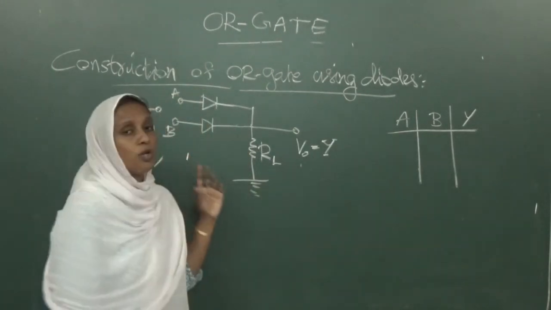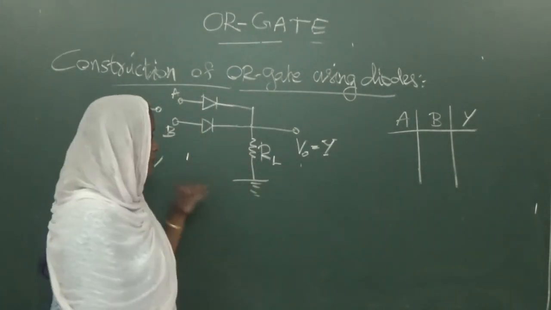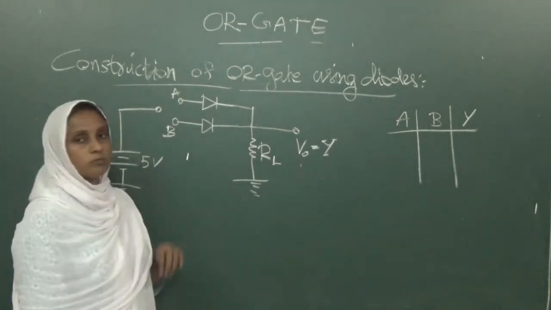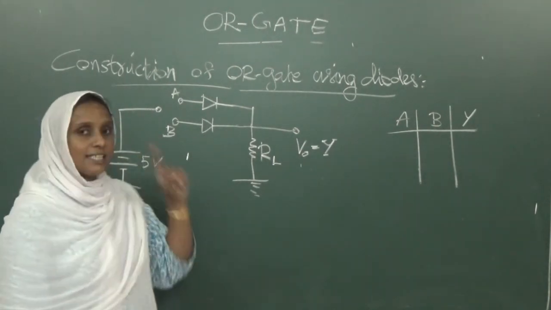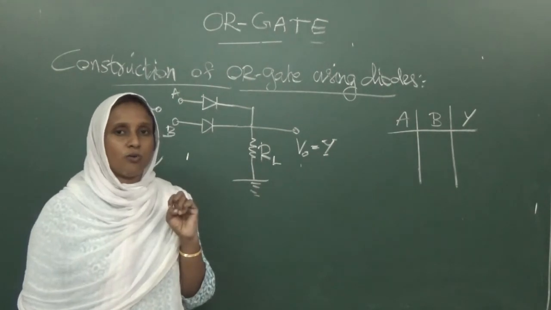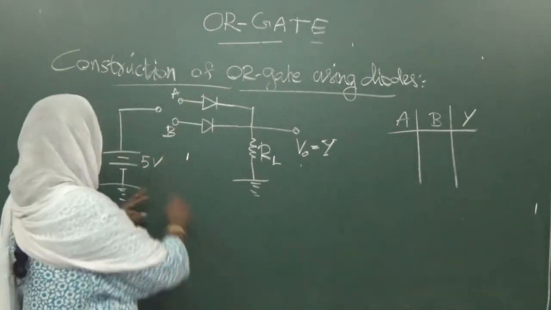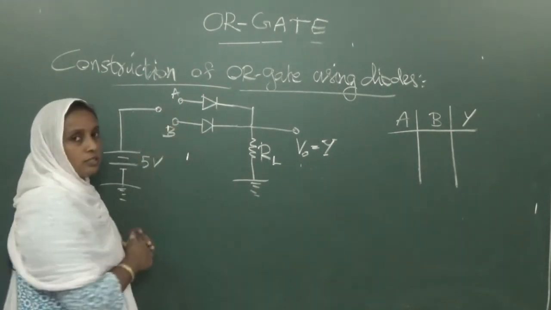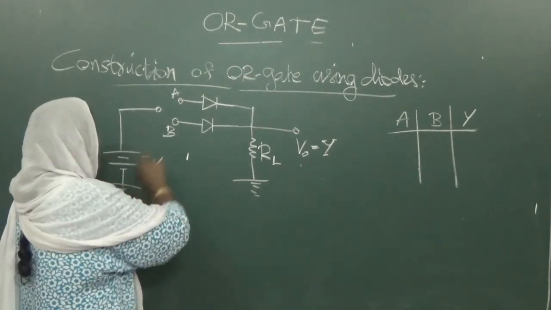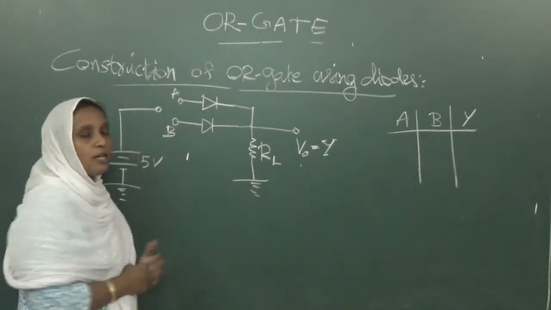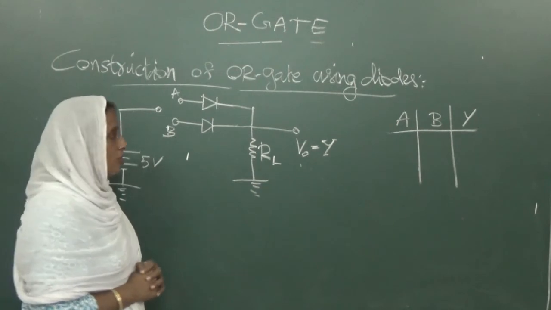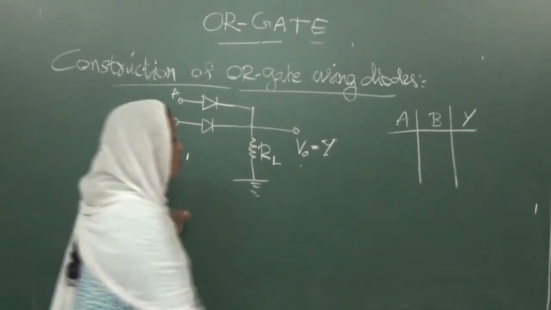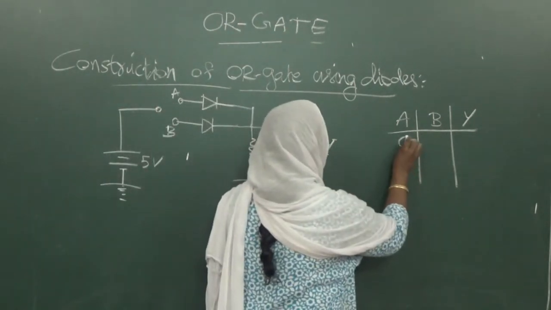This circuit gives you a 2-input OR gate. So the first case is both inputs are low. Low means we have to connect the ground here. That is the first case. So 0, 0.